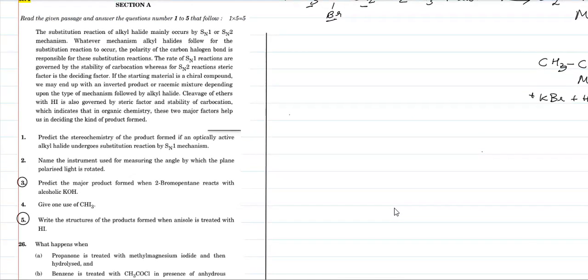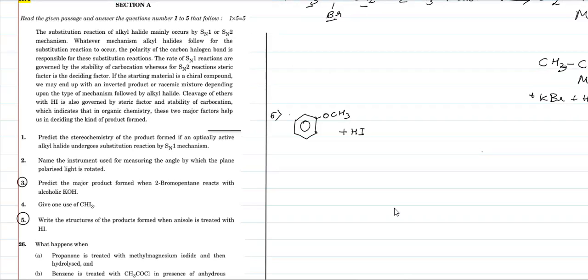The next question is, we are supposed to write the structures of the products formed when anisole is treated with HI. So question number 5. First of all, the anisole structure is benzene with an OCH3 group. Now, when this reacts with HI, what is the product formed? You can find this reaction in alcohols, phenols, and ethers, specifically the chemical reactions of ethers.